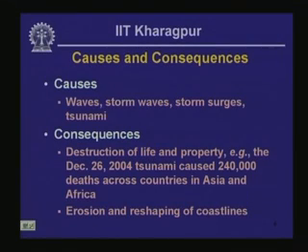Now, coming back to this particular event, the consequences are best explained perhaps by the tsunami event of December 26, 2004, and the number of deaths caused by this event was as large as 240,000 across several countries in Asia and Africa, and India was also one of those countries largely affected.